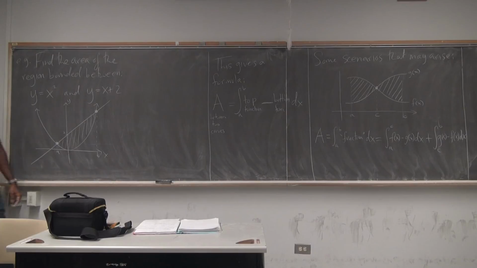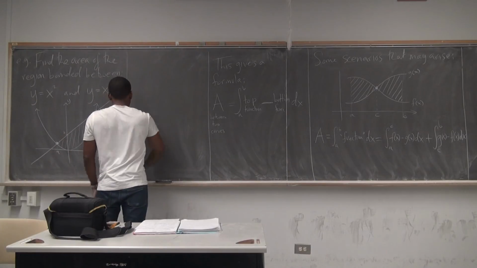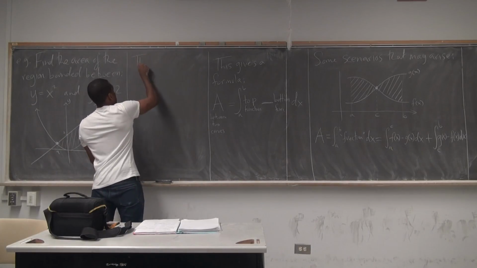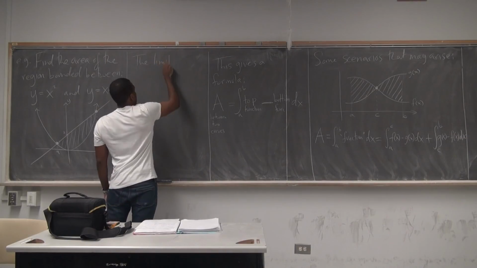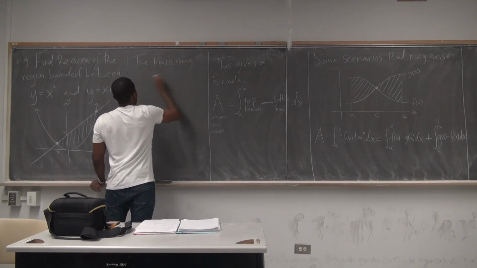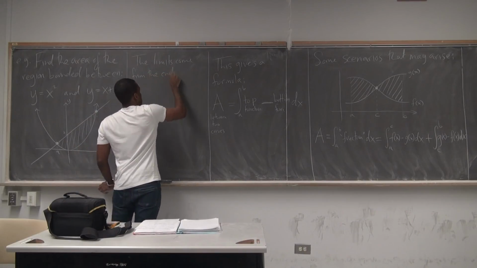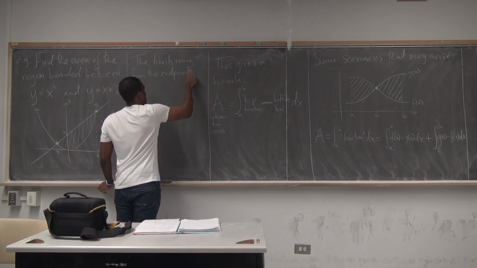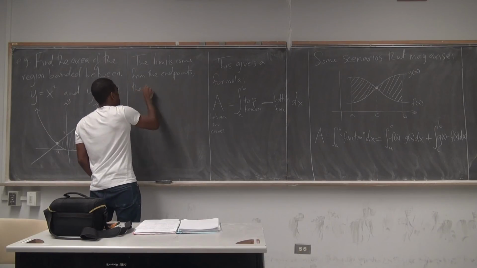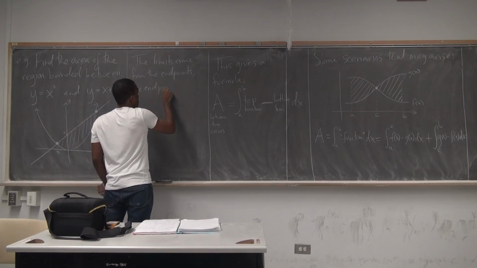How do I find them? The limits obviously come from the endpoints. The endpoints come from where? How do I find them?